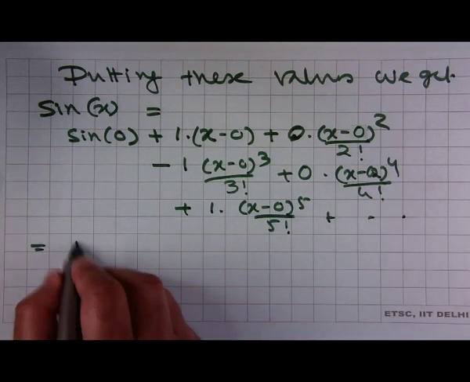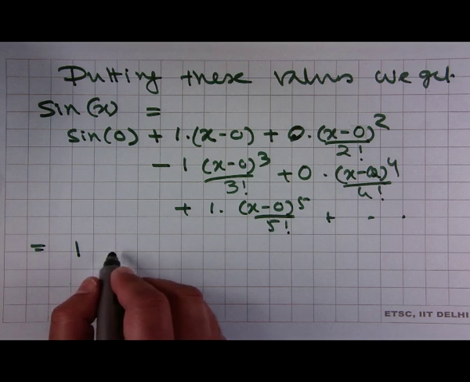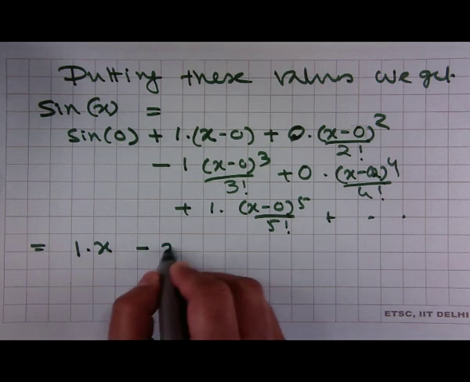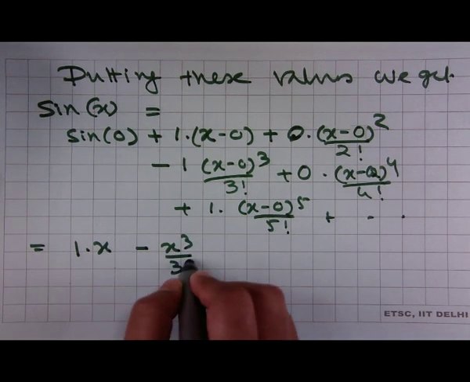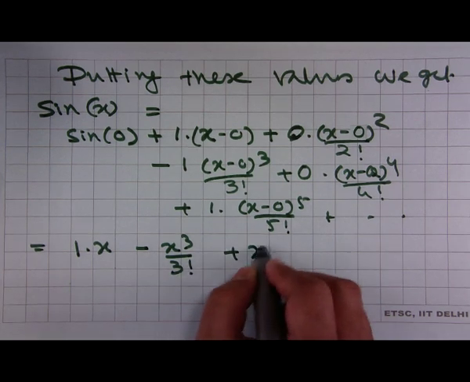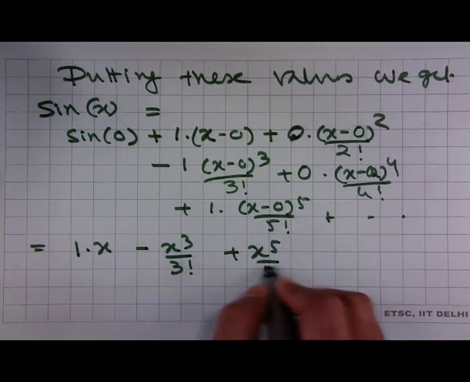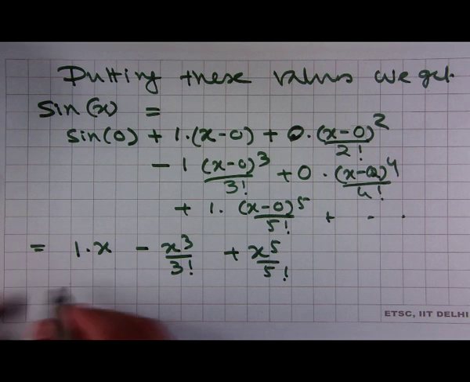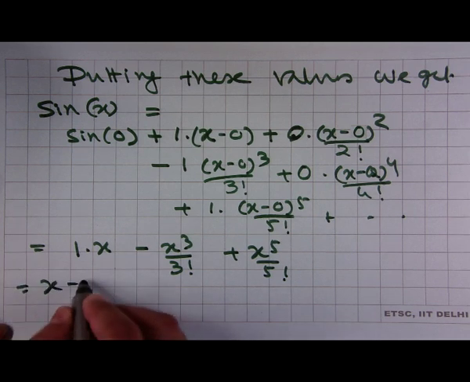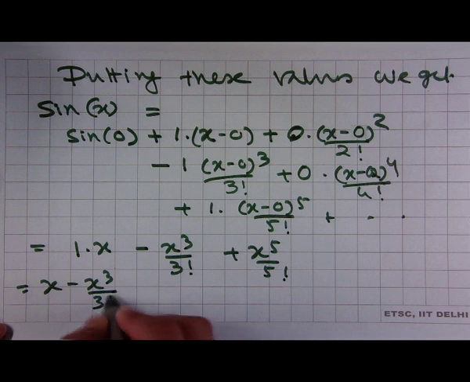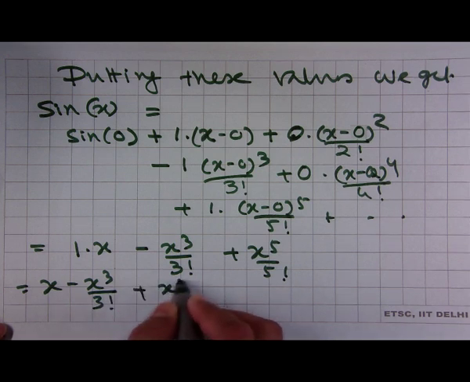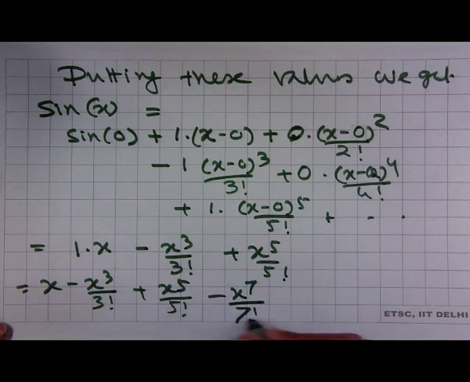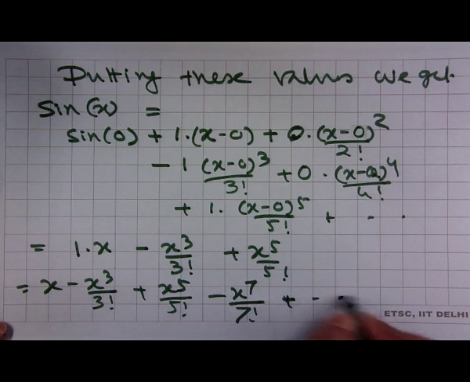This is equal to 1 times x minus x cube upon factorial 3 plus x to the power 5 upon factorial 5. If we continue further, we shall see that this is equal to x minus x cube upon factorial 3 plus x to the power 5 upon factorial 5 minus x to the power 7 upon factorial 7, like that.